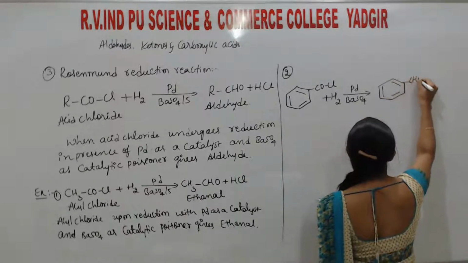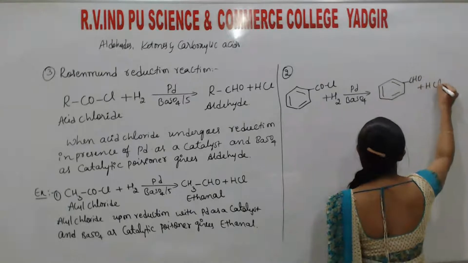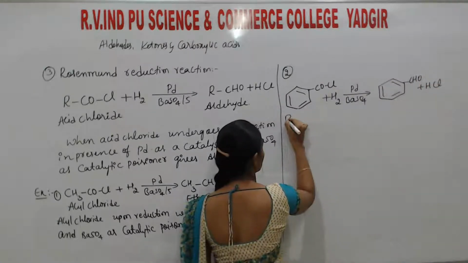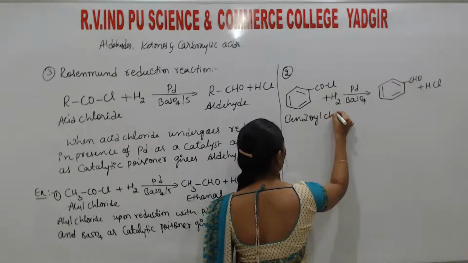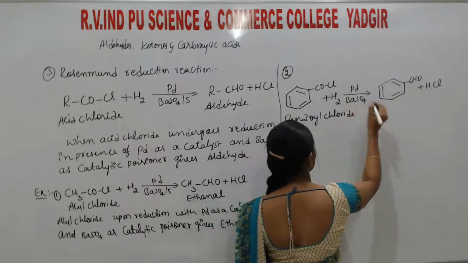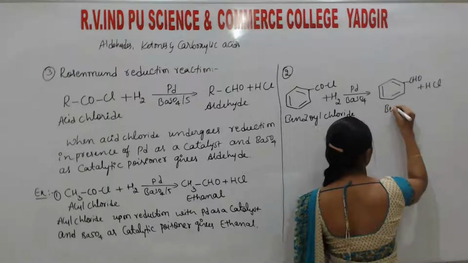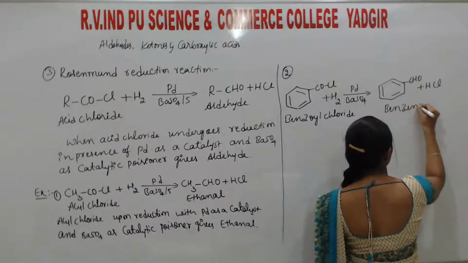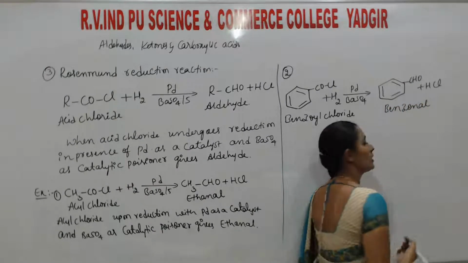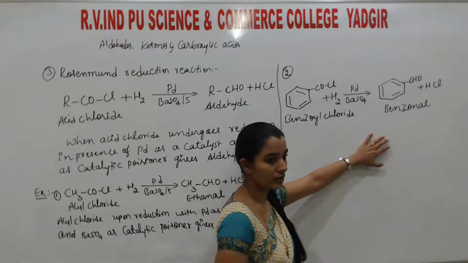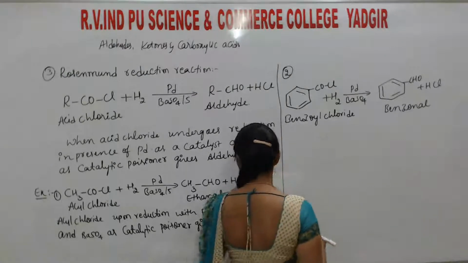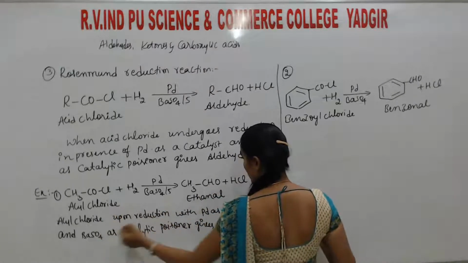There will be CHO plus HCl. This one is benzoyl chloride. This one is benzaldehyde, or write benzaldehyde. Okay, so here write the statement according to this.